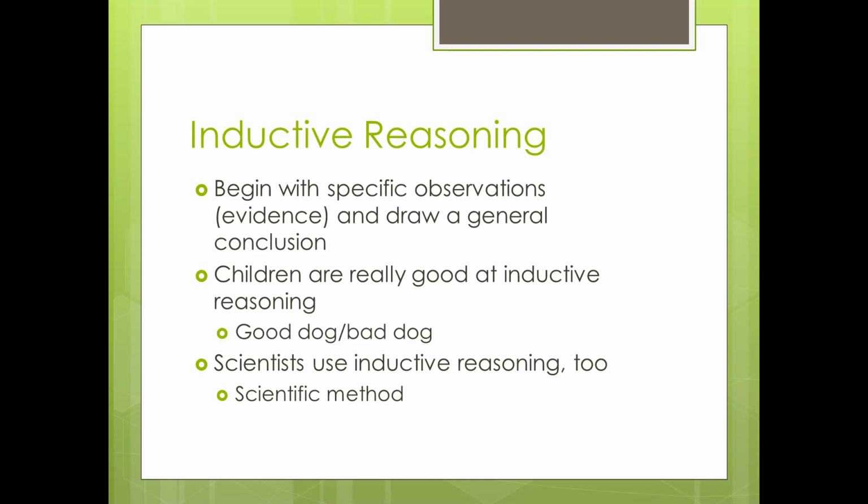Now, if they don't have all positive interactions, if they encounter a negative dog or an aggressive dog, they will change their reasoning and adapt their view based on the inclusion of new evidence.